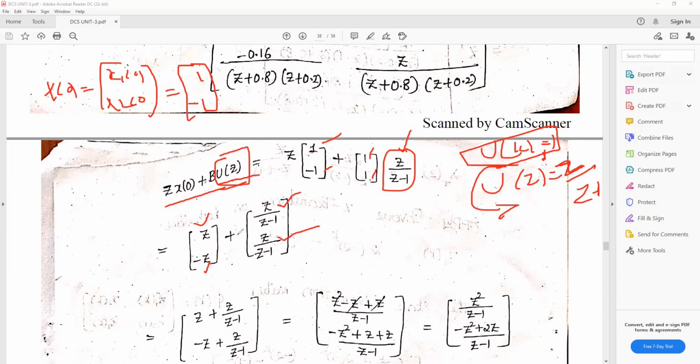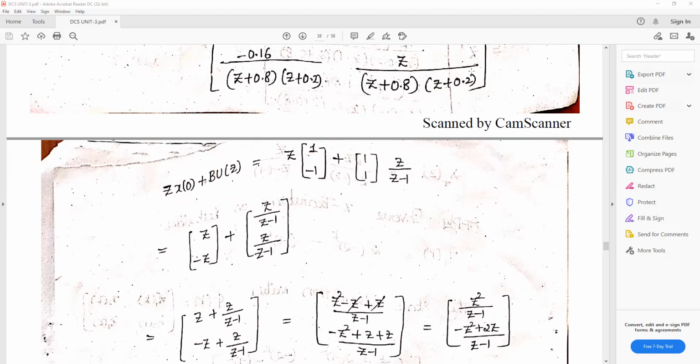So adding the first two terms: the first term z plus z by z minus 1, the second term minus z by z plus 1, z minus 1. Take the LCM and calculate. The first term is z square by z minus 1, the second term is z square minus z square plus 2z by z minus 1.